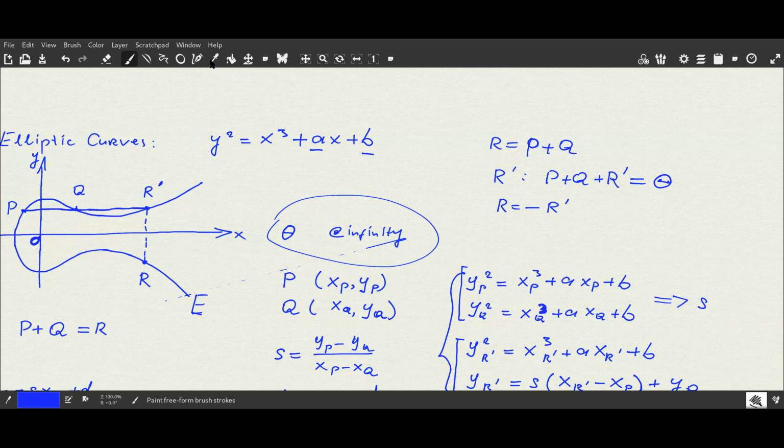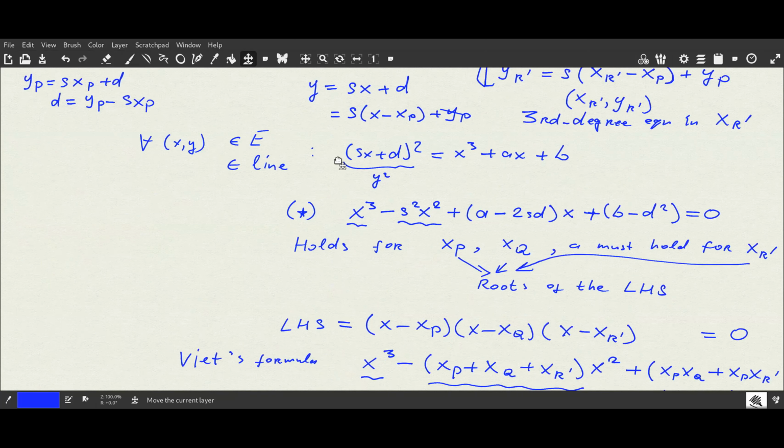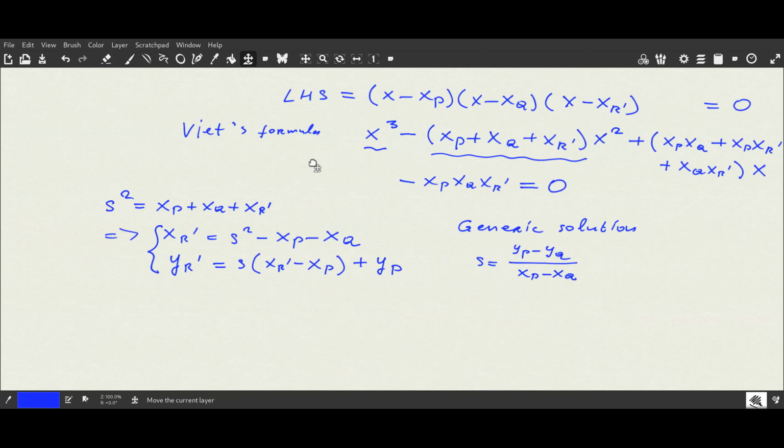What do we need to have in order to get theta as a result? Obviously, as long as s is finite, then we have finite values for xr prime and yr prime, provided that, of course, xp and xq are finite. But it may happen that xp equals xq. So that's the generic solution.